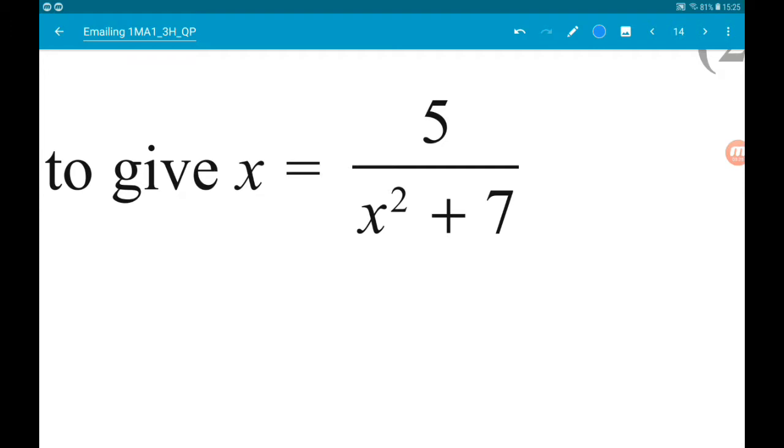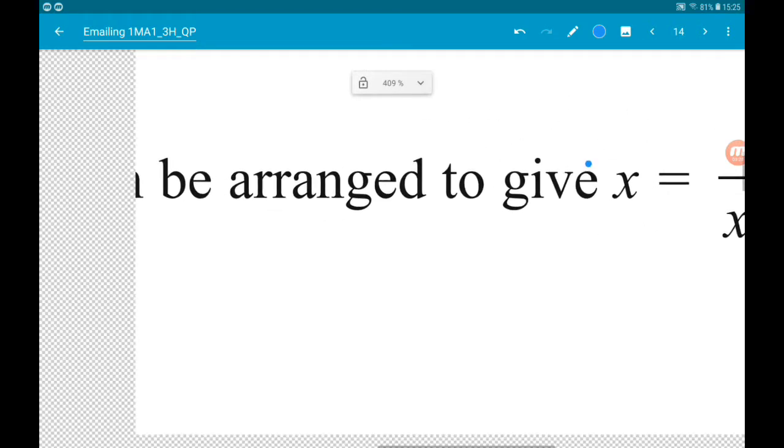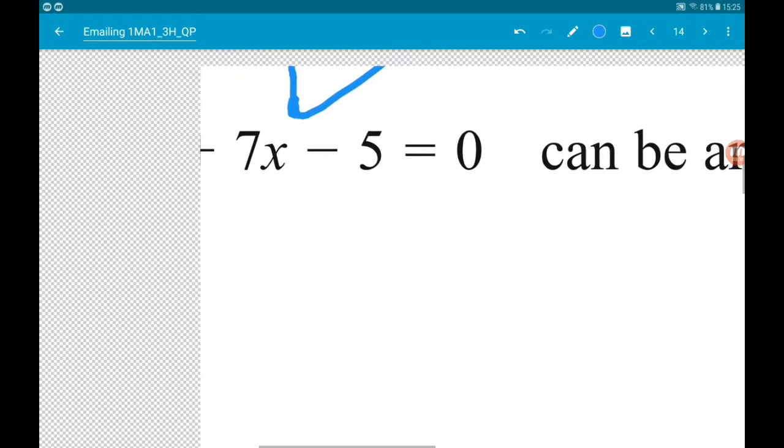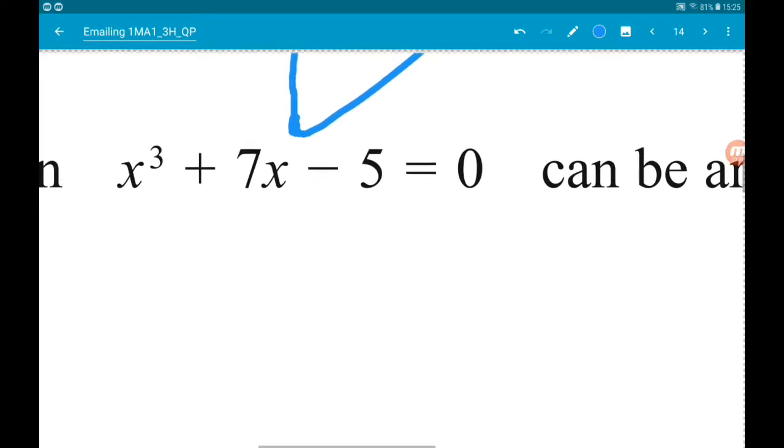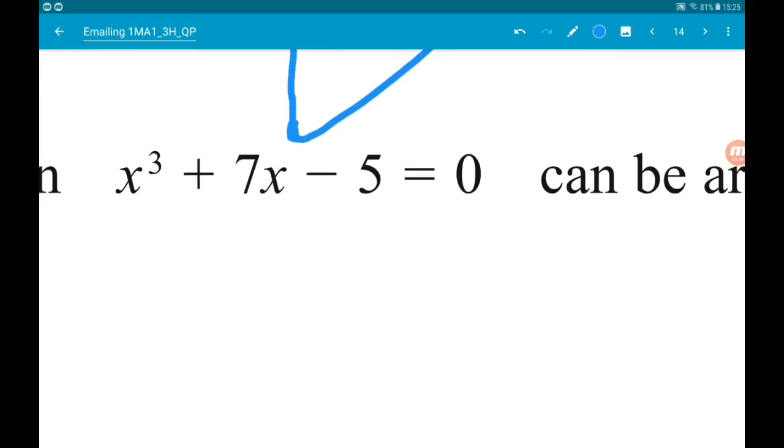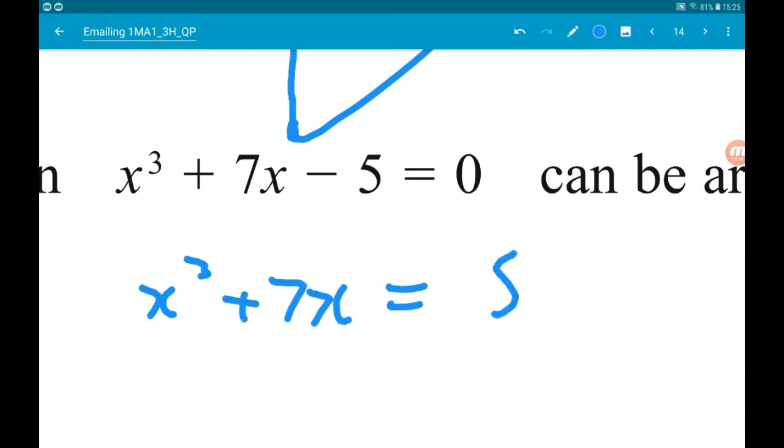So what we can do is, if we first of all add the 5, then we get x cubed add 7x is equal to 5. Now on the left, there's a common factor of x.